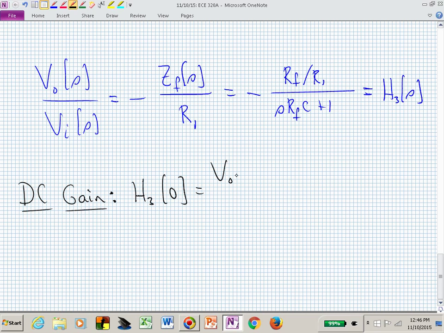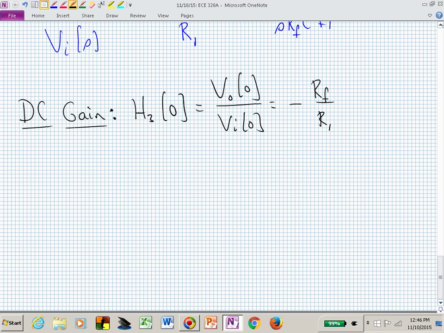We replace s with 0 and we have minus R sub F over R sub 1, and that looks similar to just the pure inverter circuit, and that's what happens to DC frequency or constant inputs.